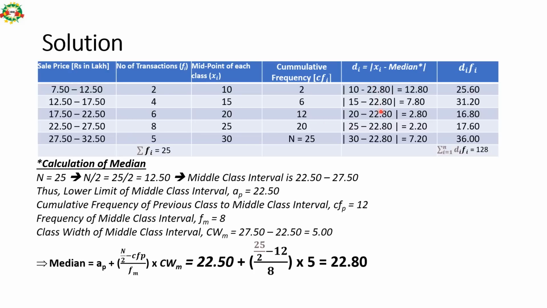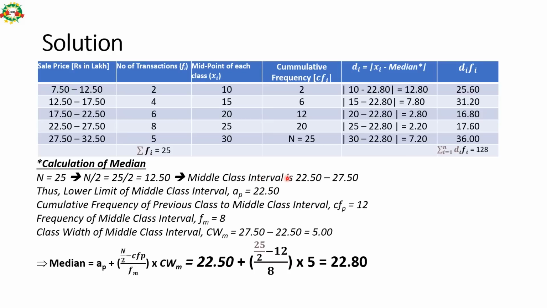And 22.8 is coming from here. This is the formula. Please refer to session number 2 of this statistics playlist. We have already learned how to calculate the median of data. So here N is 25, N by 2 is 12.5.